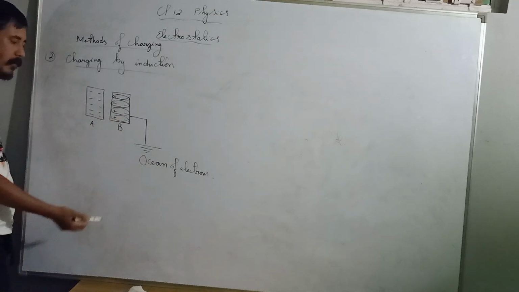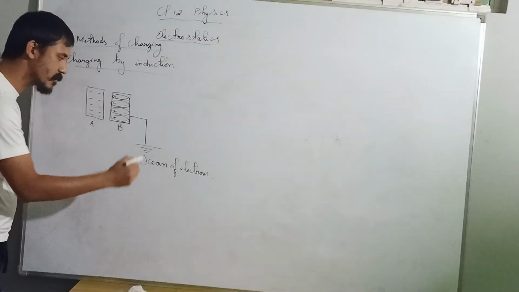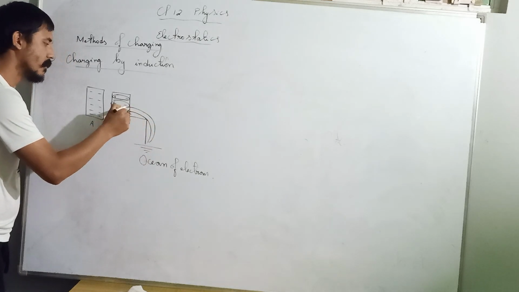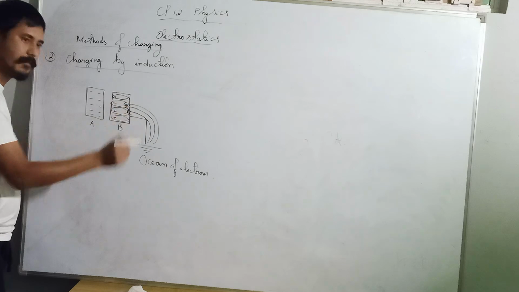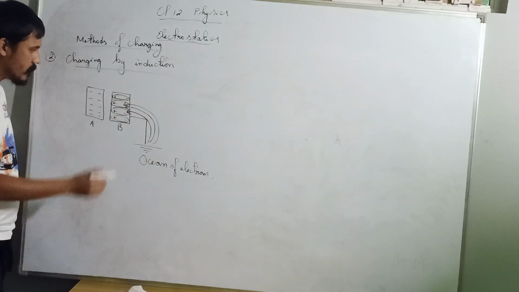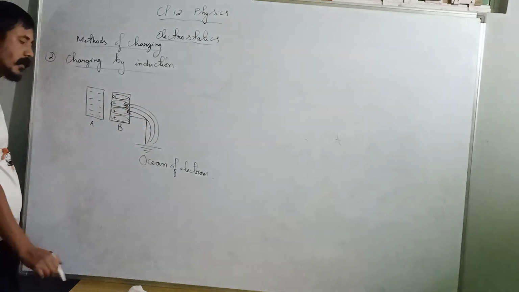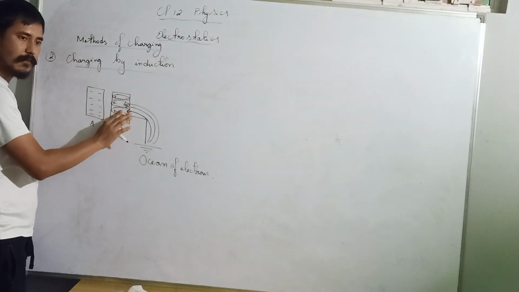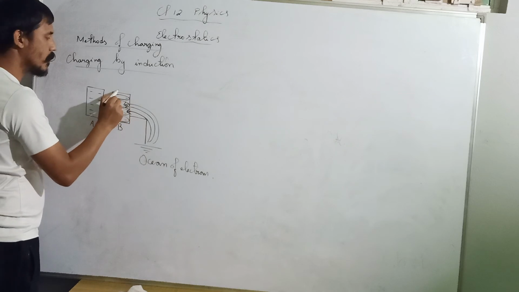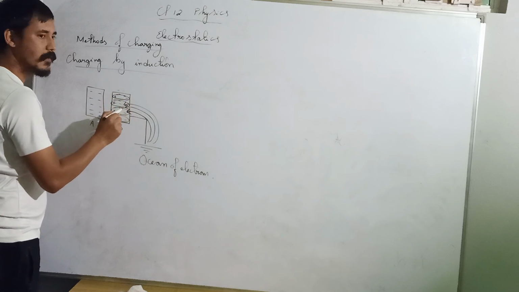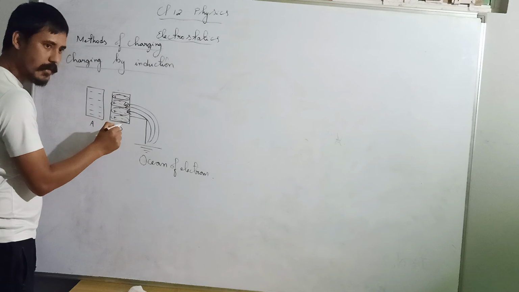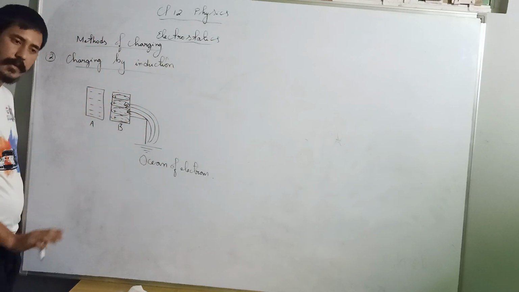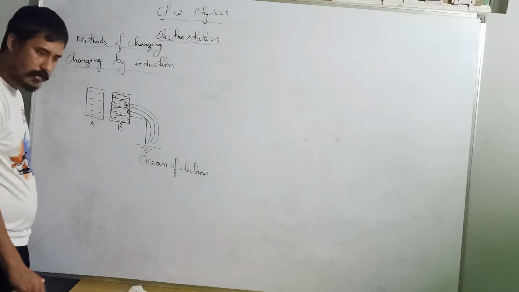Since Earth is an ocean of electrons, electrons will start flowing towards this plate B. As a result, due to the excess electrons present, the body will become negatively charged. Are you following me? So this is how charging an object can be done by induction.